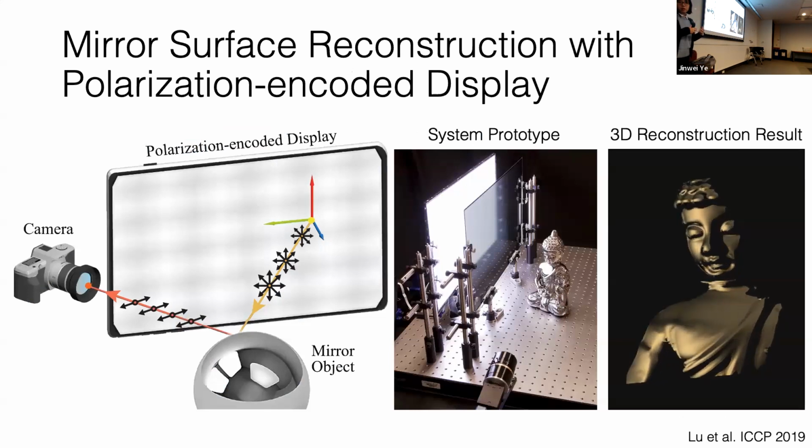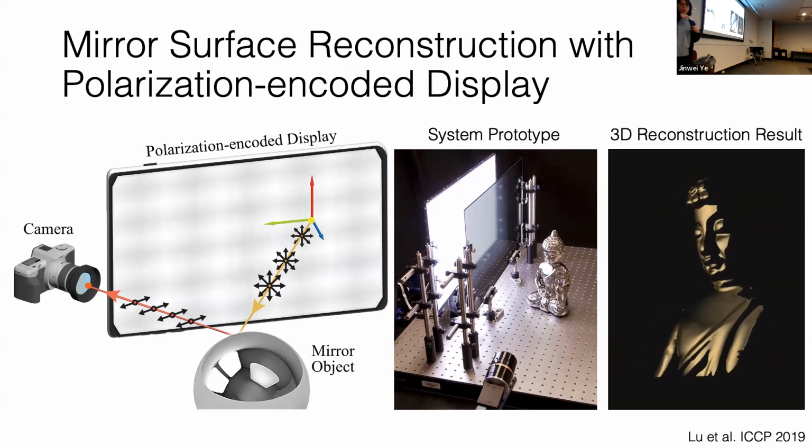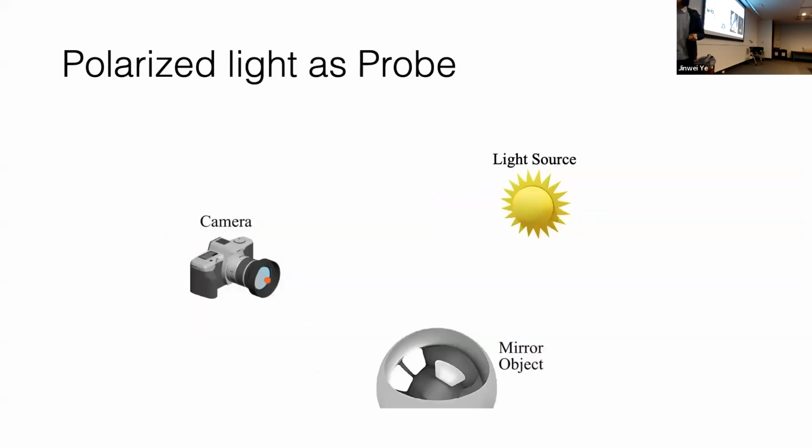So what we are doing is using a special polarization-based display that we use as a light source, and then we do the reasoning based on the reflection of polarized light. So our idea is using the polarized light as a probe.